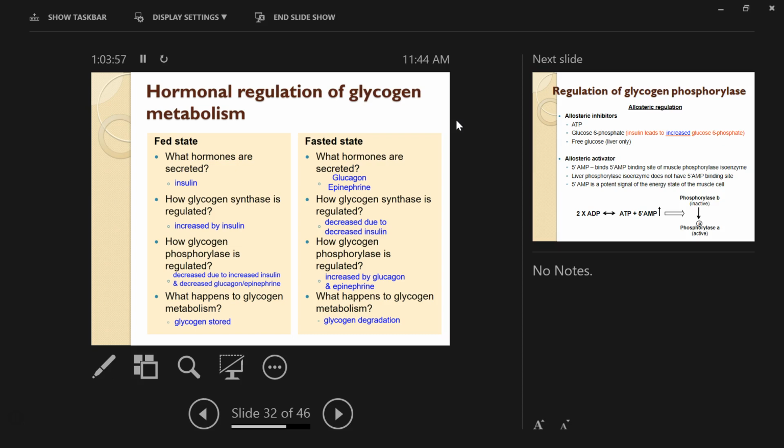So sometimes you don't have to really remember, but just understand, or even think, okay, fasting condition, well, we need glycogen breakdown. You need the glucose, right? So glycogen breakdown needs to be activated, and glycogen synthesis needs to be inhibited. So it should be easy to remember.